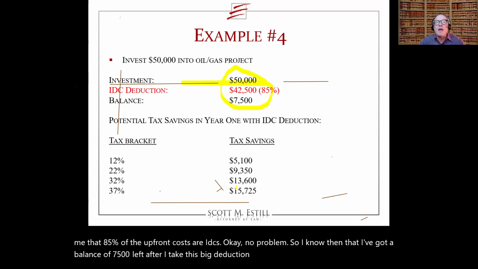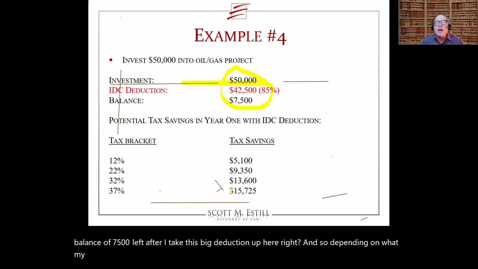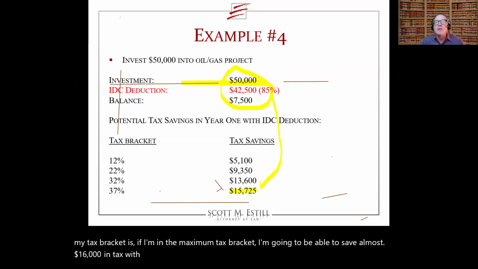And so depending on what my tax bracket is, if I'm in the maximum tax bracket, I'm going to be able to save almost $16,000 in tax with this IDC tax deduction. Okay, so that becomes a really, really favorable tax plan right there.